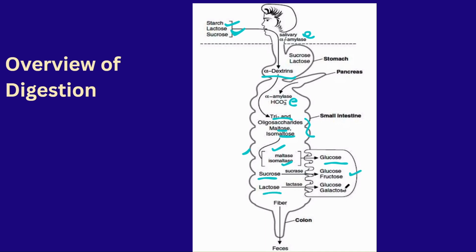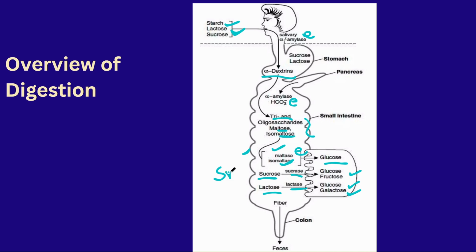The lactose is converted into glucose and galactose. So these are the enzymes. Lactase is an enzyme, sucrase is an enzyme, and maltase and isomaltase are enzymes. So these enzymes will help the complete digestion of carbohydrates in the small intestine.